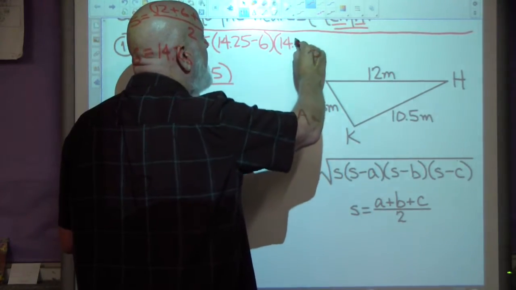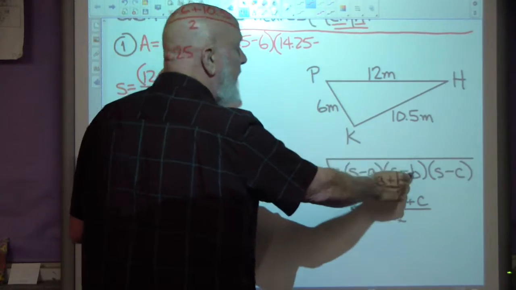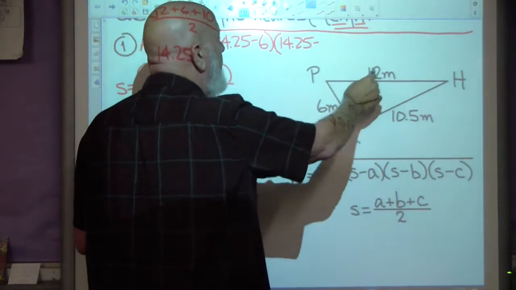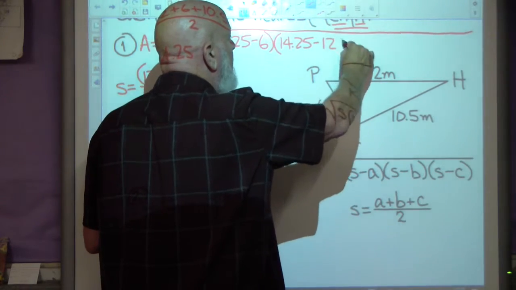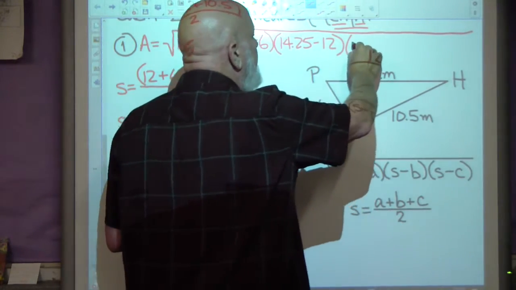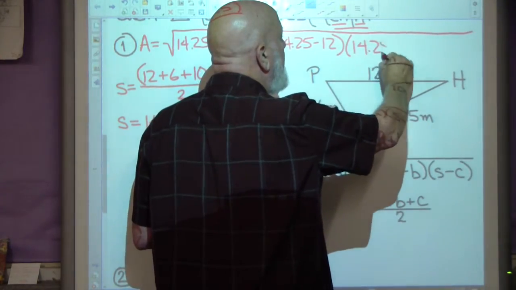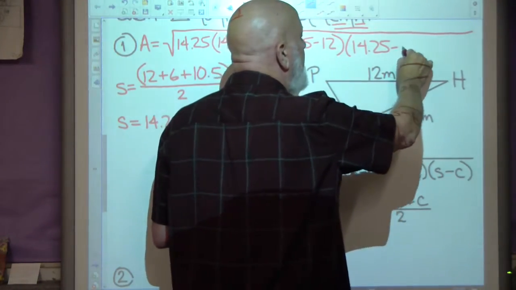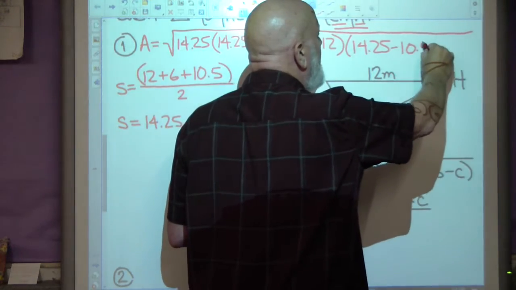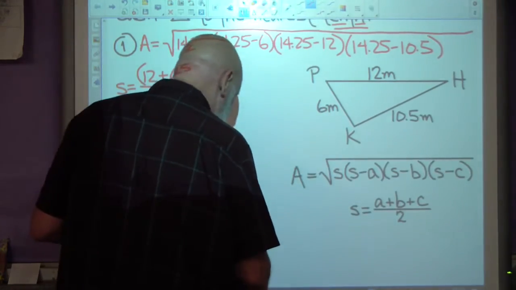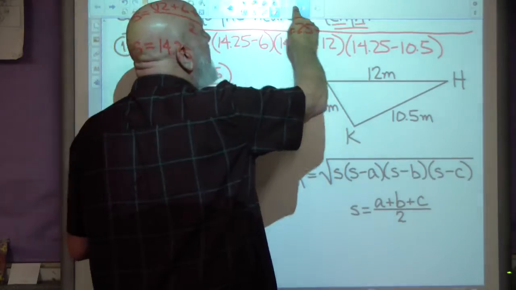S is 14.25. Minus a different side. I already put in 6, so now I'll put in 12. Times 14.25 goes here. Minus the third side, and I haven't put in 10.5 yet. I'll close my parentheses.